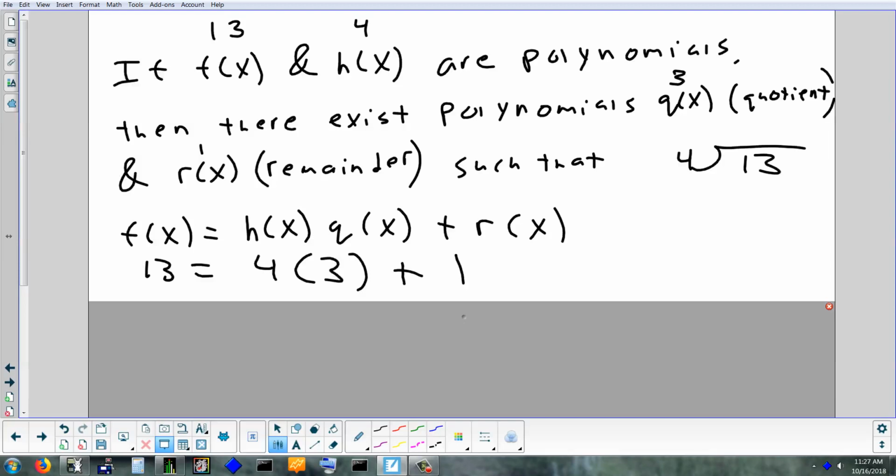Is that true? Does 13 equal 4 times 3 plus 1? Yeah. So that's how you check your answer when you do long division in elementary school, and you could check your answer exactly the same way with the stuff we're doing today. I think it's even easier to check your answer with the graphing calculator, but I'm just showing you another way you could check your answer. That's all that is. Okay.